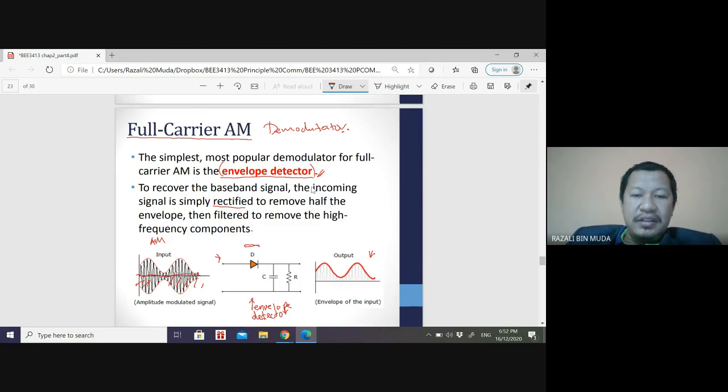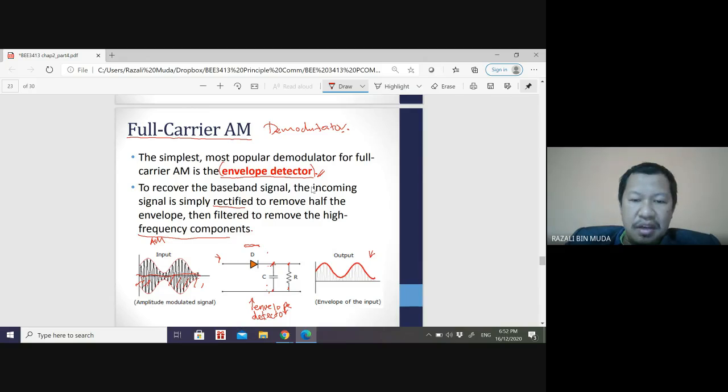Then it is filtered. Here the capacitor and the resistor become the filter circuit. This will be filtered to remove the high frequency component.